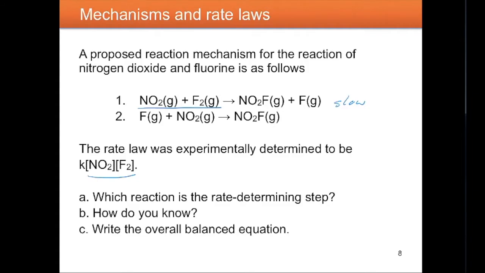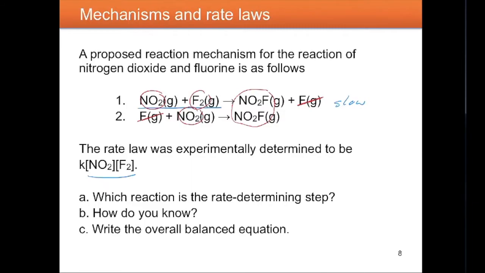And again, we know it because the rate law matches the rate determining step. And if we were to write the overall balanced equation, we notice that we have a fluorine that is on both sides of the equation, so it's an intermediate. We have 2 NO2s, 1 fluorine gas, and on the other side of the equation we have 2 NO2F gas molecules.